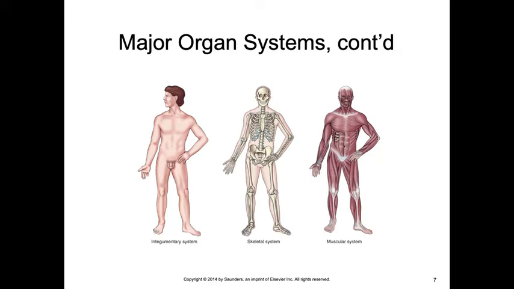Our brain and brainstem are inside our cranium. Our spinal cord is inside our vertebral column, and our heart and our lungs are inside our bony thorax, our rib cage. And then some of our pelvic organs, like our bladder and reproductive organs, are contained inside the pelvic girdle, which is formed by a couple of bones called the os coxa.